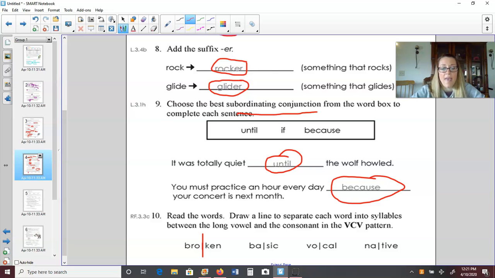You hear the long A, basic. So we split between the A and the S. Vocal, vocal. The long O, we split between the O and the C. And native, native. We split between the A and the T.